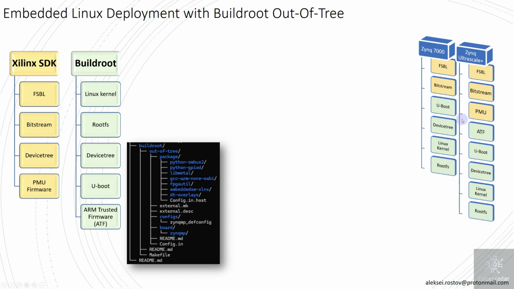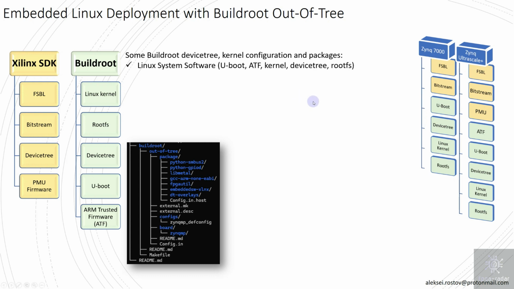As I mentioned before, I have a Buildroot folder with all necessary packages, kernel configuration, and device tree in order to meet all requirements to run all three software tests on a target. Some features that I would like to note for my Buildroot out-of-tree configuration: first of all, it's the Linux system software itself.